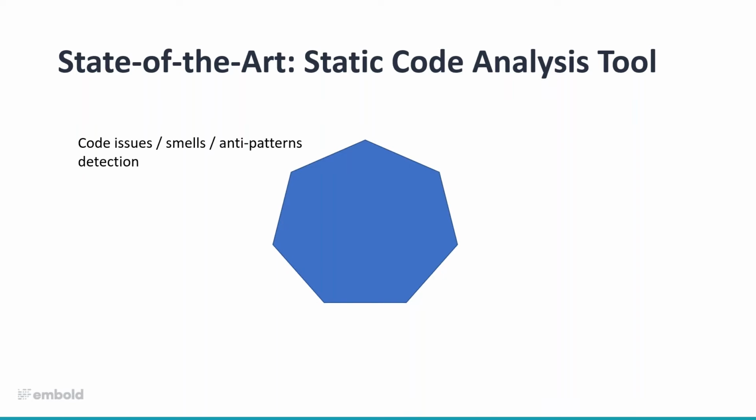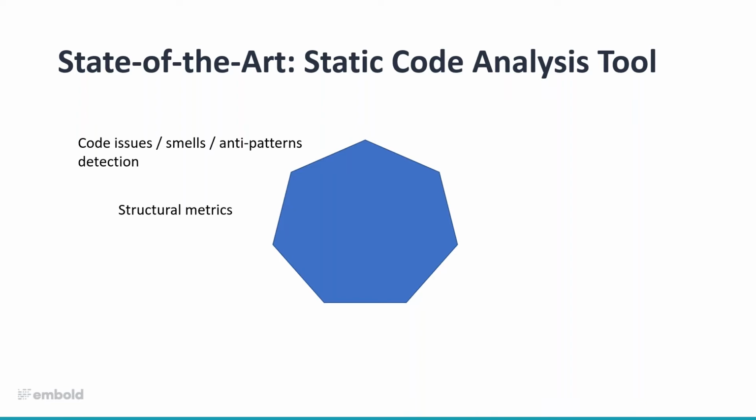The first one is the current trend. I mean, the state of the art static code analysis tools have this code issue, smell, and anti-pattern detection. There are a lot. So they have good rules, and they have a lot of detection rules. So from there, we can detect this kind of code smell or anti-pattern issues.